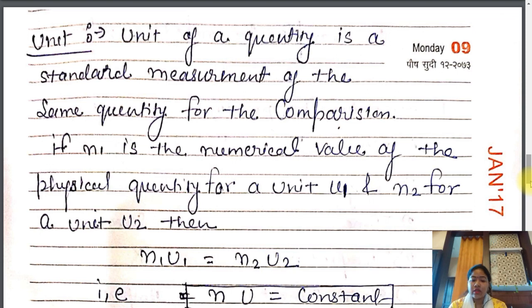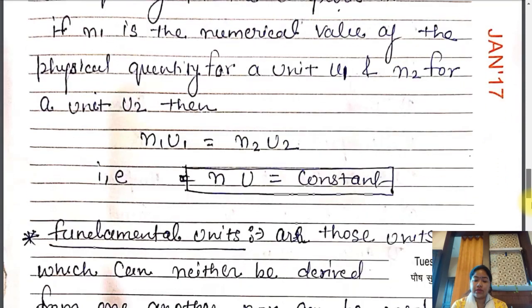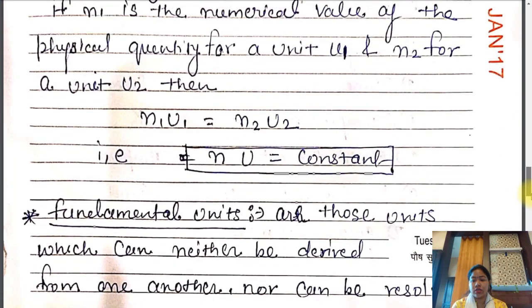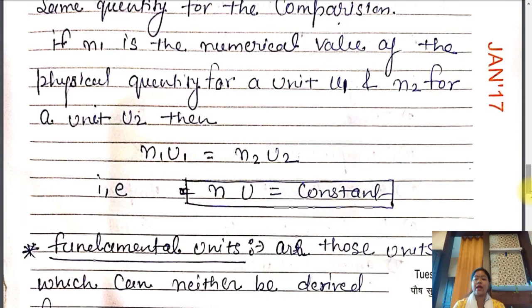That defines the statement N1U1 equals N2U2. So we can say that the product of N into U is always a constant. Children, I hope you understand the concept of physical quantity and units.